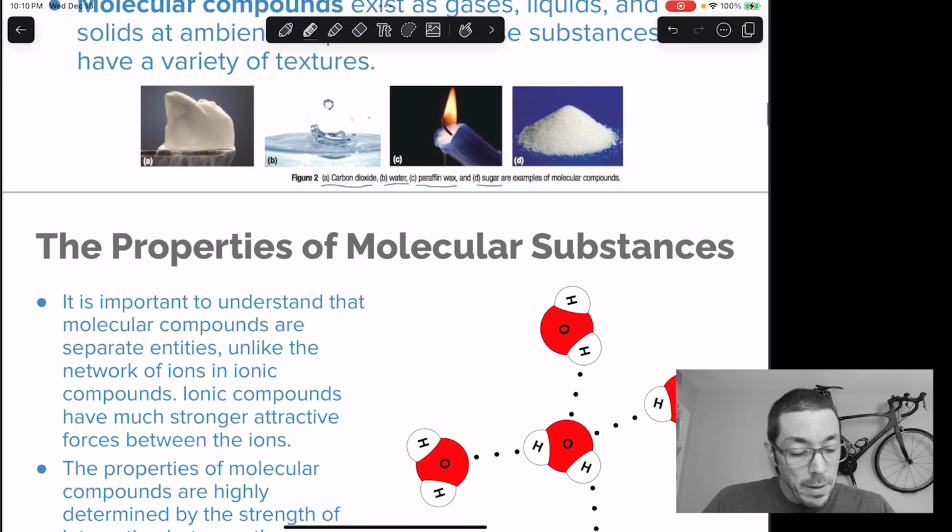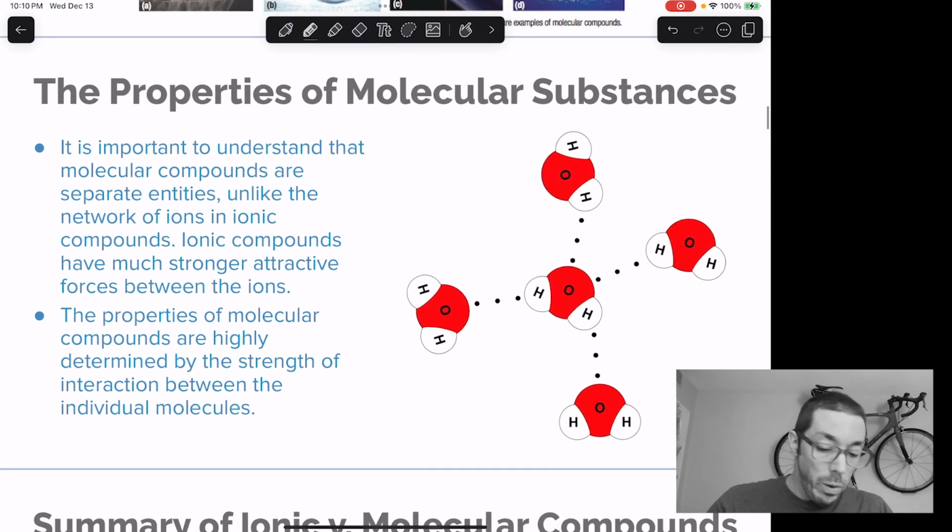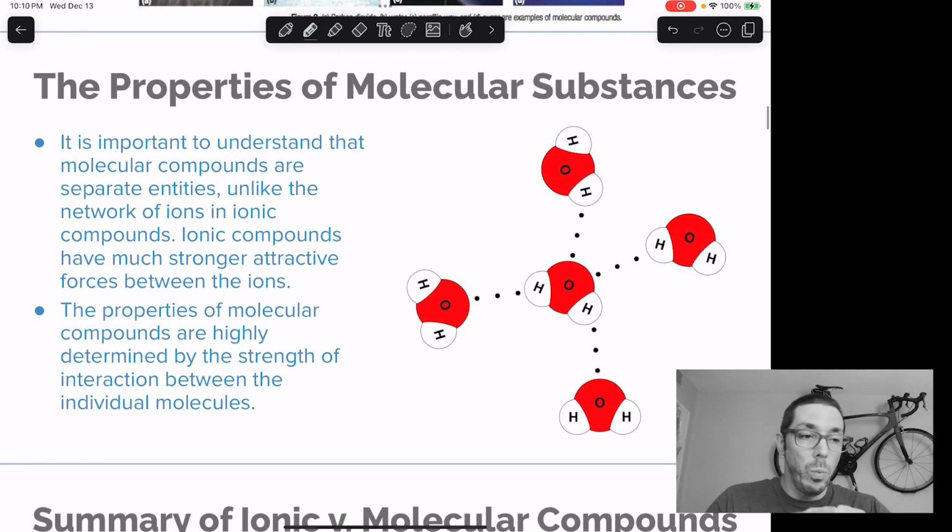The one thing that we want to understand as the big difference between ionic compounds and molecular compounds is that ionic is just one big huge network, and every single ion is connected to every other one within this solid, right? So they're all linked together. They're all kind of locked in together.